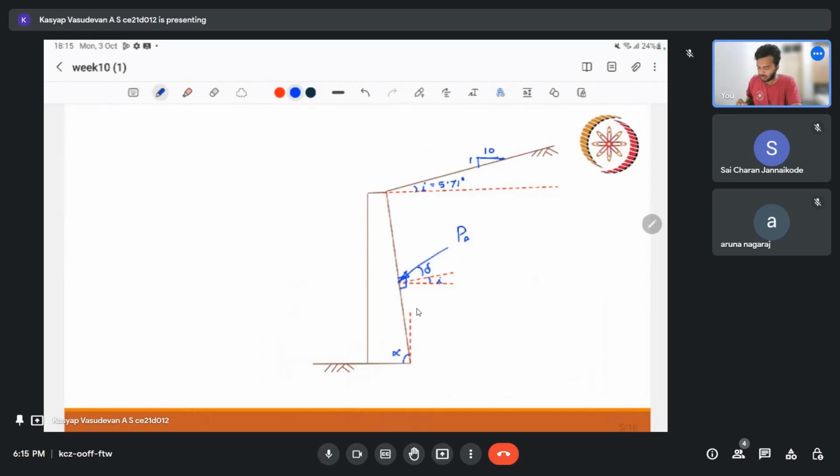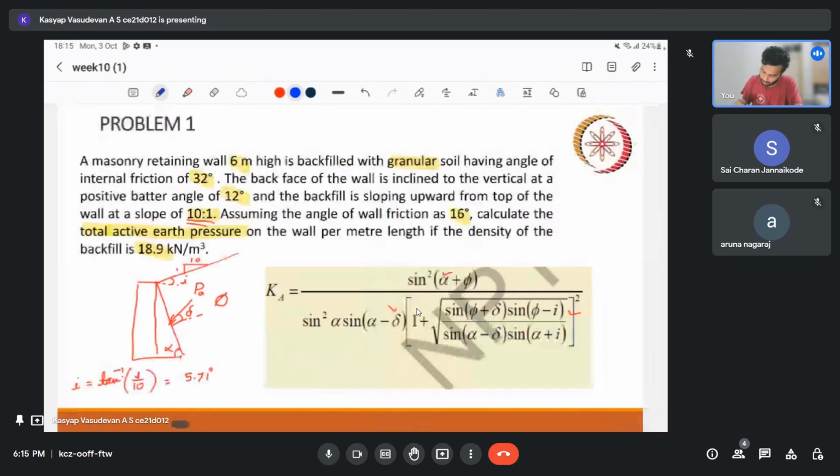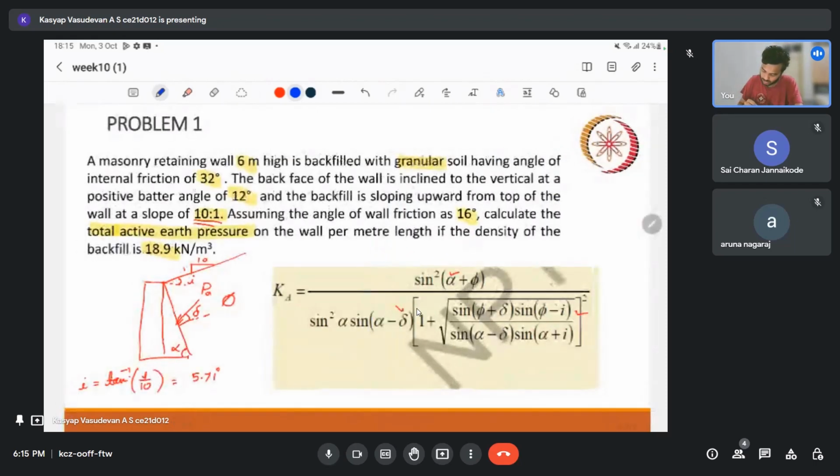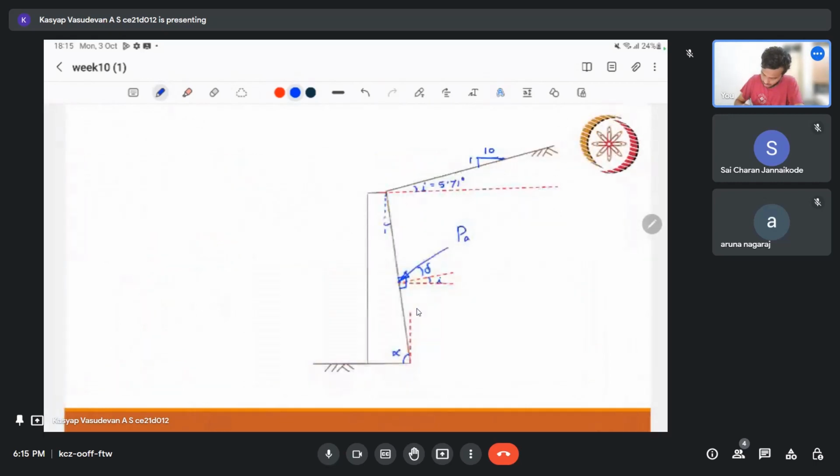Okay, now what else? What is the angle we are given? We are given that the back face of the wall is inclined to the vertical at an angle of 12 degrees. So this angle with the vertical is 12 degrees, and alpha is equal to 90 minus 12 degrees, that is 78 degrees.